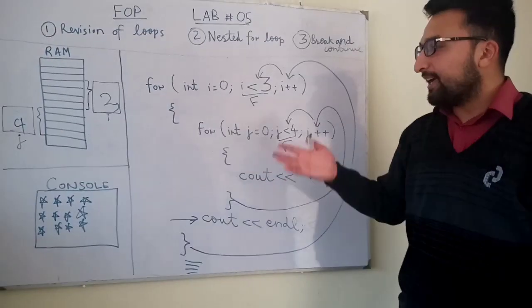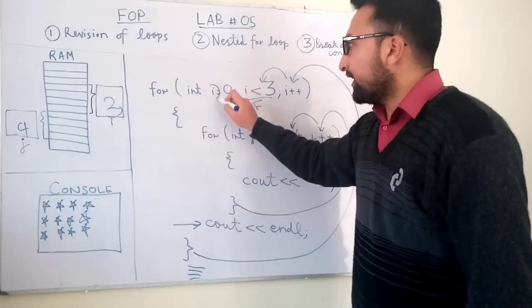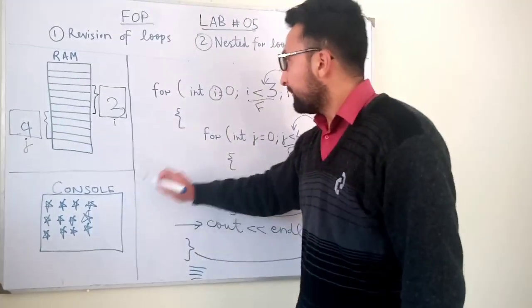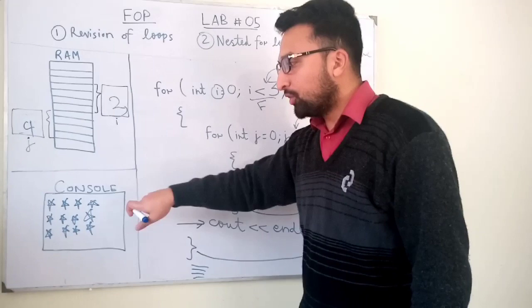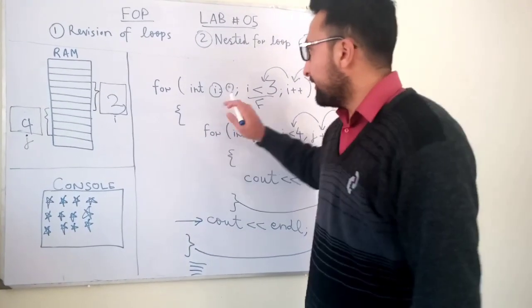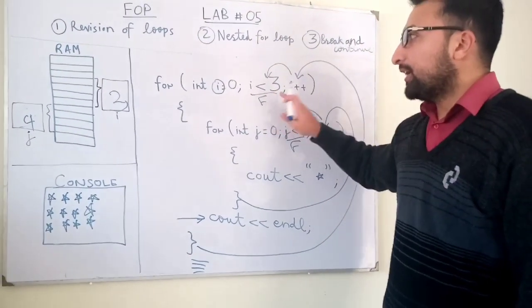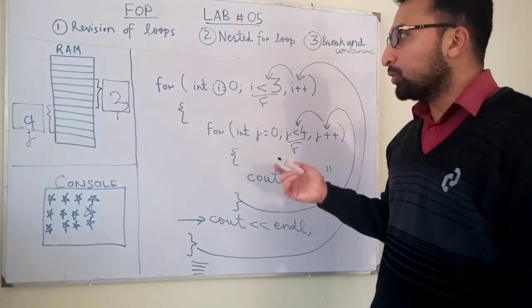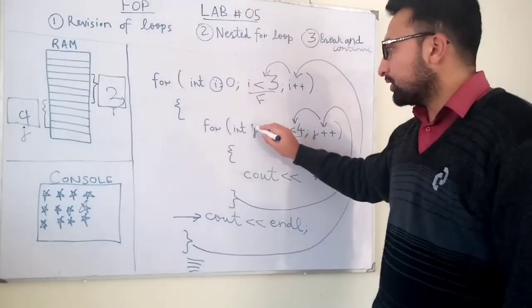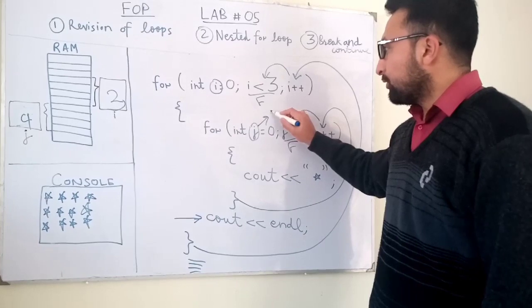So as you can see here, the outer variable was governing the number of rows we had. For example, it was running from 0 to less than 3, so 0, 1 and 2, and the inner for loop was governing the columns.